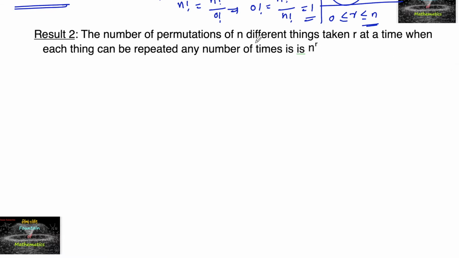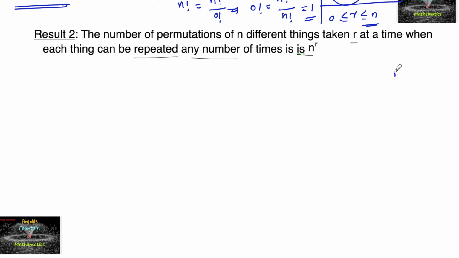The number of permutations of n different things taken r at a time, when each thing can be repeated any number of times, is n to the power r. Let me explain with an example.